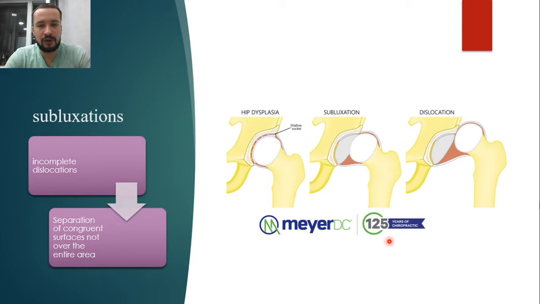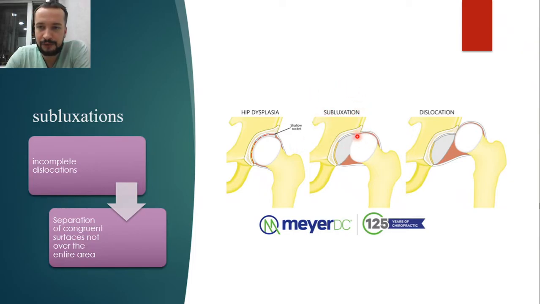The separation of congruent surfaces does not always occur over the entire area. Therefore, along with complete dislocations, incomplete dislocations or subluxations are distinguished. And there you can see a picture with a shallow acetabulum, hip dysplasia. Don't look at the hip dysplasia, look at the subluxation.